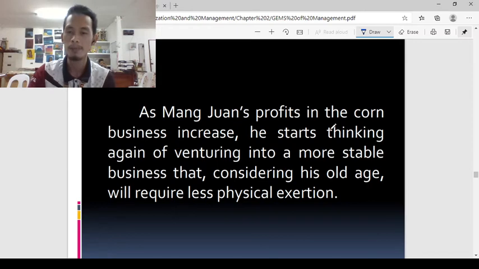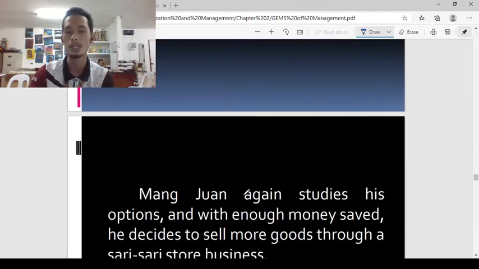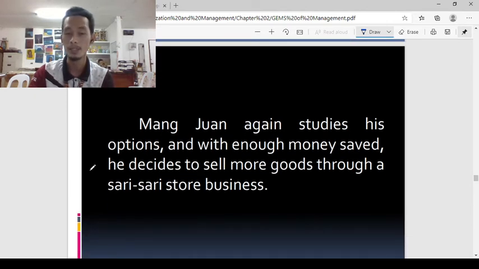As Mang Juan's profits in the corn business increase, he starts thinking again of venturing into more stable business that, considering his old age, will require less physical exertion. Mang Juan again studies his options, and with enough money saved, he decides to sell more goods through a sari-sari store business.